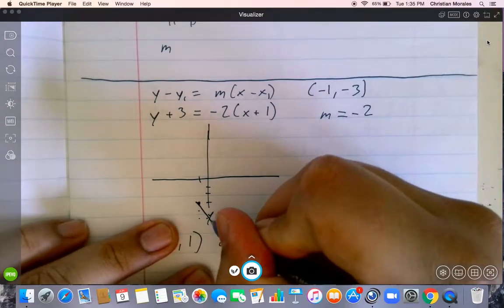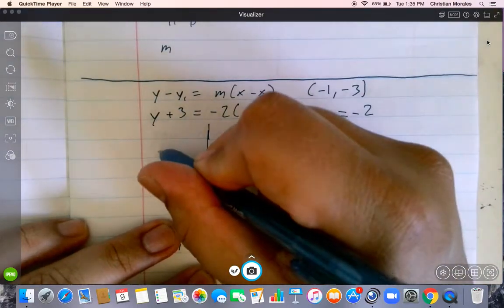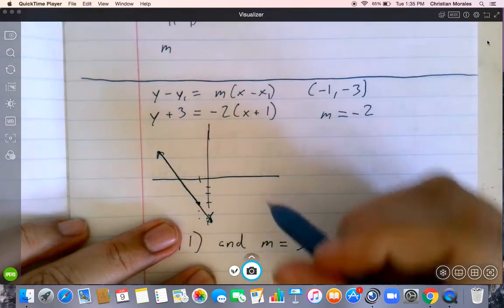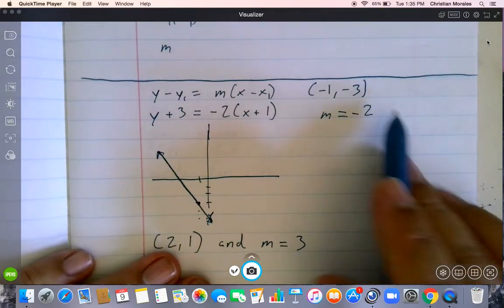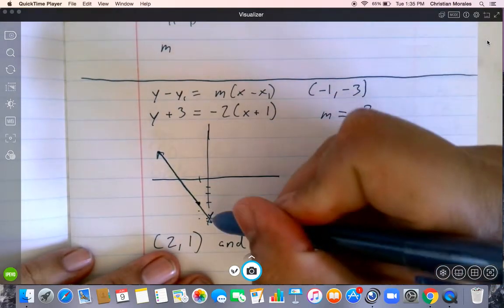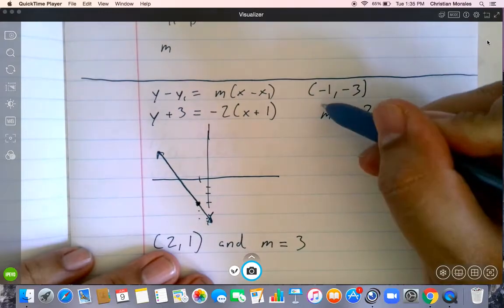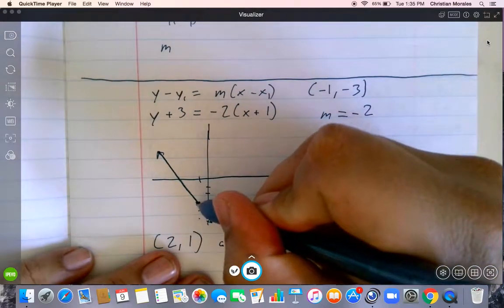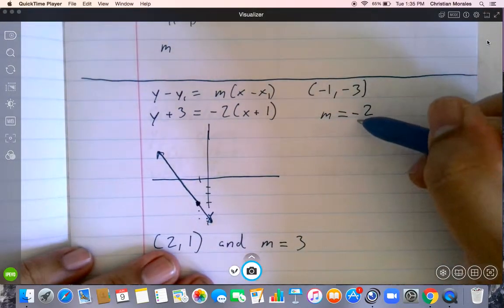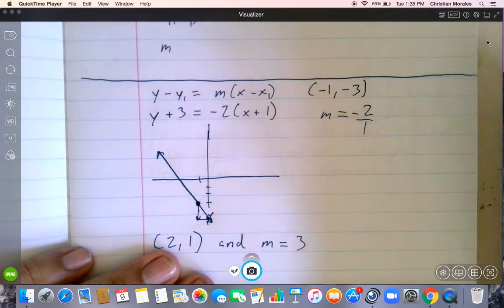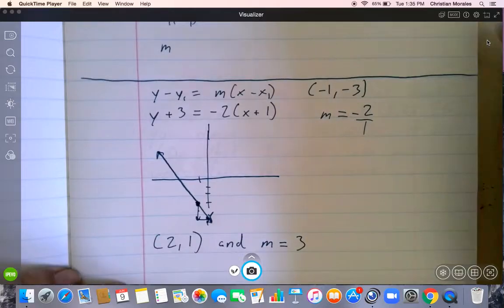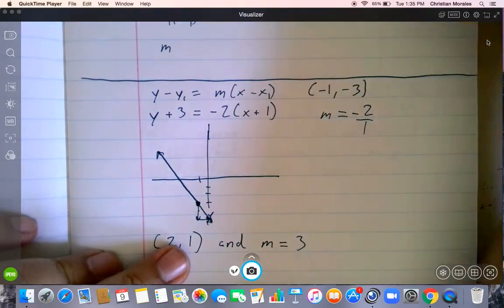So the line is going this way. And that's what the line would look like, down 2 over 1. So that's how you graph it. So you don't start on the y-axis, you start with the point that they give you, and then from this point you count the slope, -2, down 2 over 1. All right, so that's how you graph it.